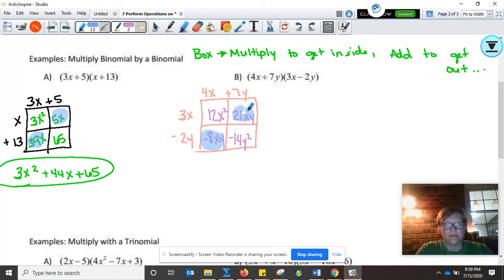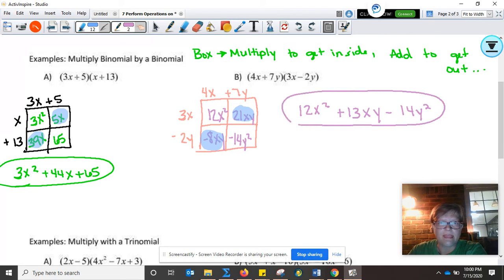Right here, right here. So I'm going to combine those. So I have 12x squared, -8 plus 21 is going to be plus 13xy, minus 14y squared. And that's your final answer.